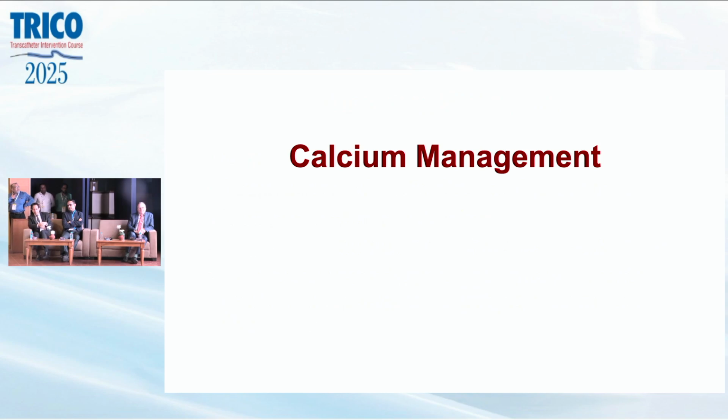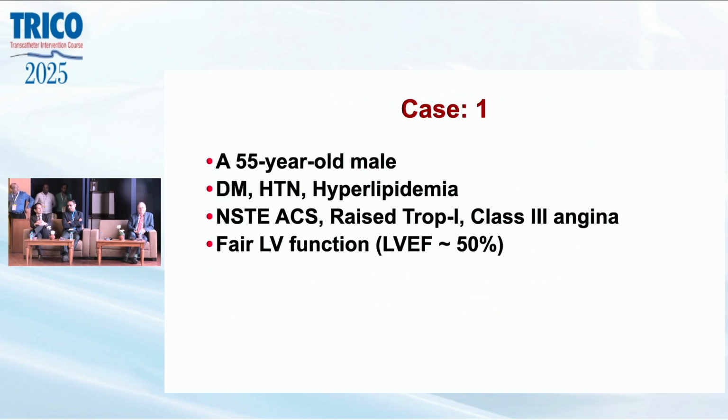So let me start with calcium management. I am going to show you one case. A 55-year-old gentleman, diabetic, hypertensive, hyperlipidemic, presented with NSTE-ACS, raised troponin, class 3 angina, fair LV function.